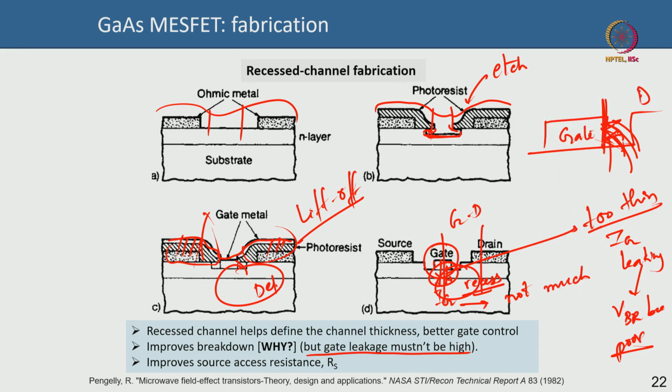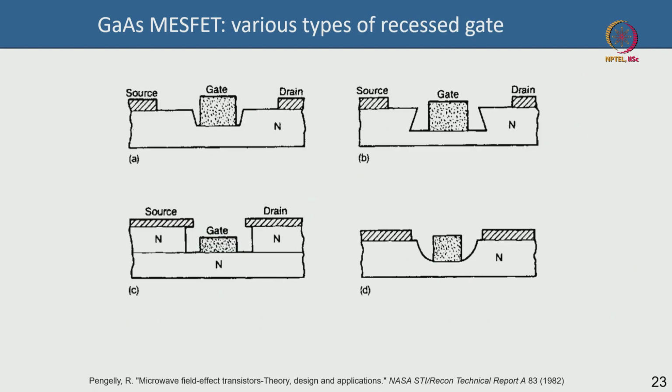So this edge is called the drain edge of the gate metal, and the way the field lines terminate at the drain edge of the gate metal, you have an improvement in your breakdown voltage. This is mathematically derivable, as to how the breakdown voltage will improve when you have a gate recess. It also helps you get better channel control, which I already talked about. So recess is an important process, and this is inherently done in most MESFETs. We are talking about MESFETs.